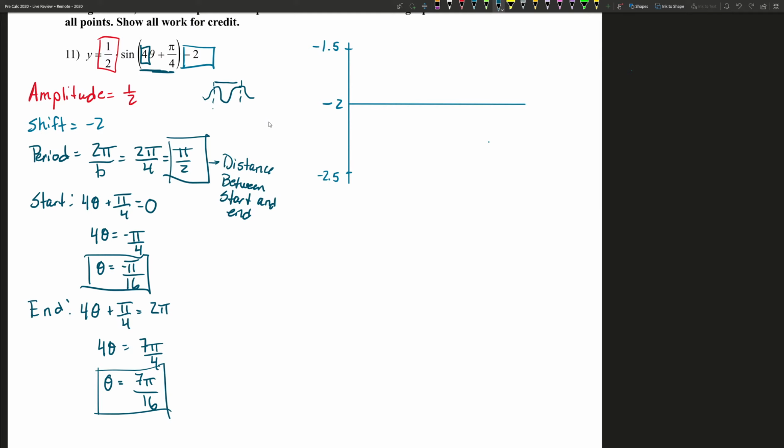Okay, then we can actually start graphing it and labeling some points, right? So sine starts in the middle, goes up to a maximum, comes back down to a minimum, and then comes back up. Okay, so that is the sine graph.